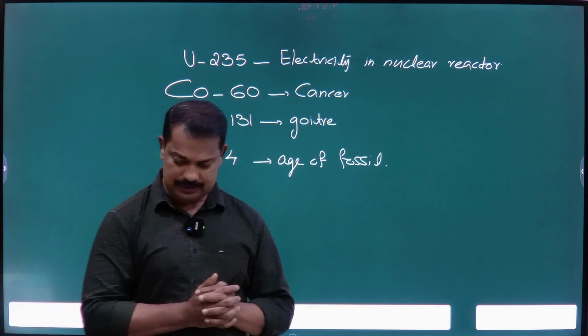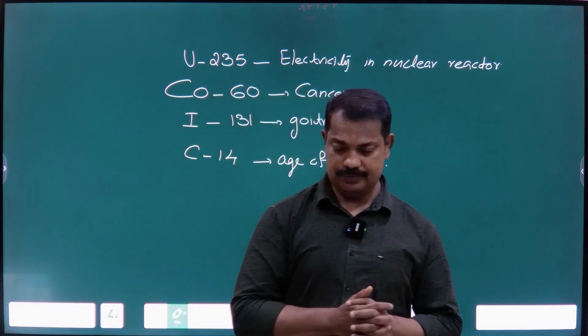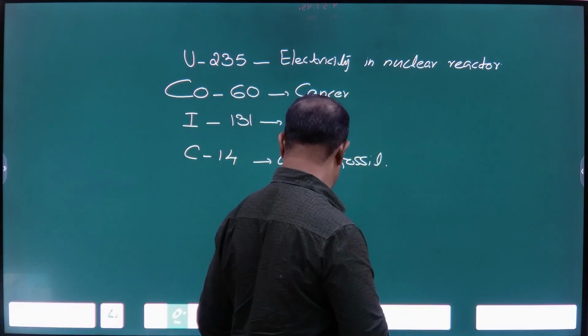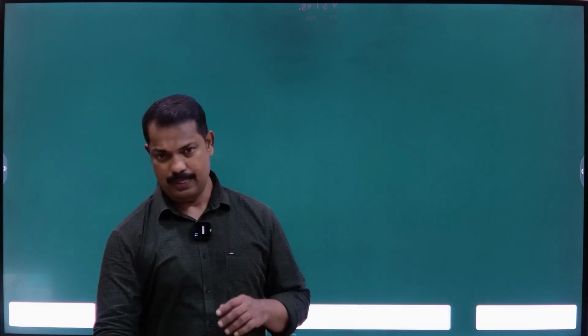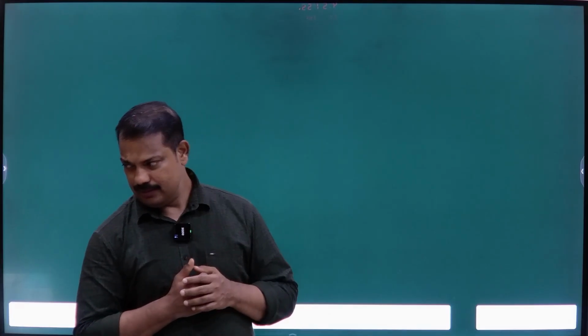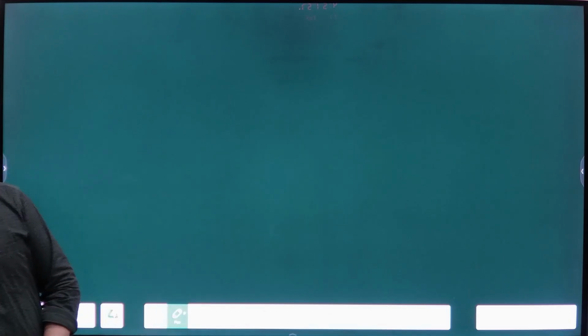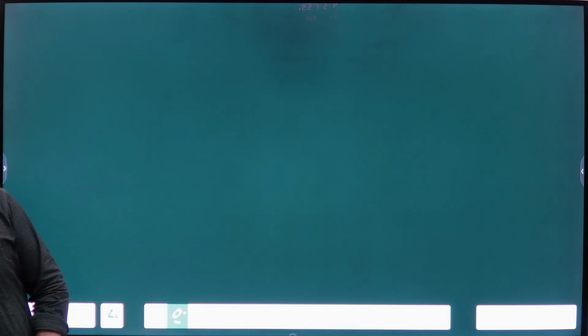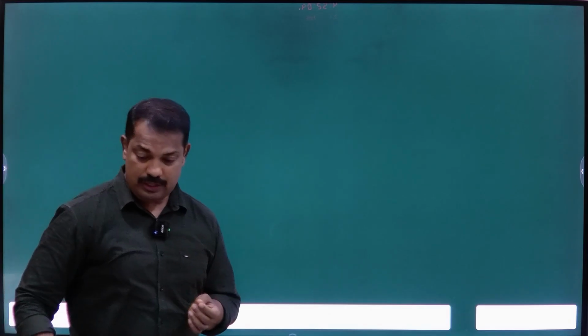Kush, what are the different applications of isotopes? Uranium 235 is used as a fuel for the production of electricity in a nuclear reactor.